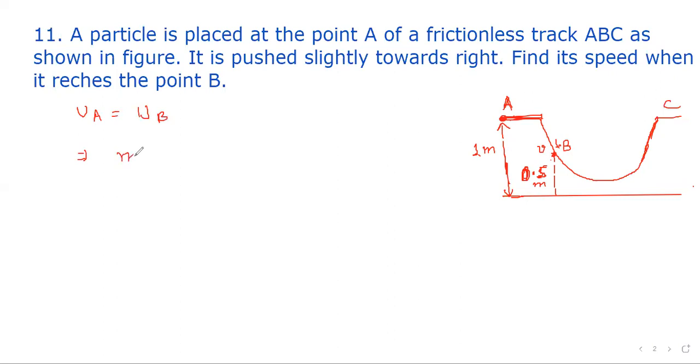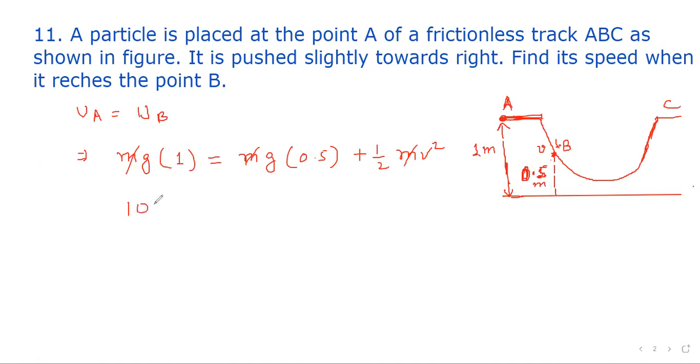So mgh, h is 1, equals mg into 0.5 plus half mv square. m will cancel out. And now we can put the values. g we can take 10.